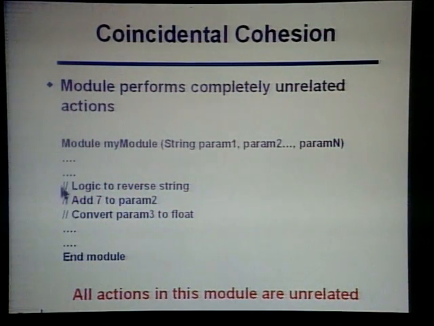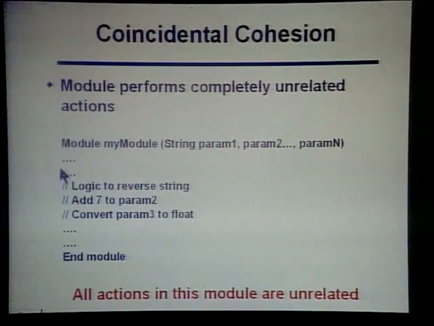Now, if you see all these tasks performed by this module, they have no relationship with each other. Reversing a string has nothing to do logically with adding 7 to parameter 2 or converting a parameter to a different type.